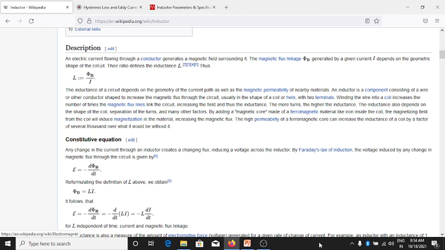By adding a magnetic core made of ferromagnetic material like iron inside the coil, the magnetizing field from the coil will induce magnetization in the material, increasing the magnetic flux. The high permeability of a ferromagnetic core can increase the inductance of the coil by a factor of several thousand over what it would be without it. Clear?